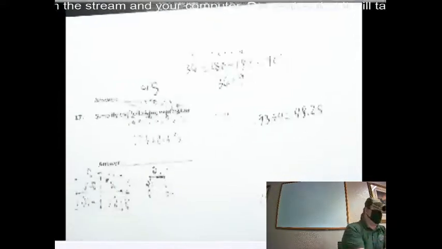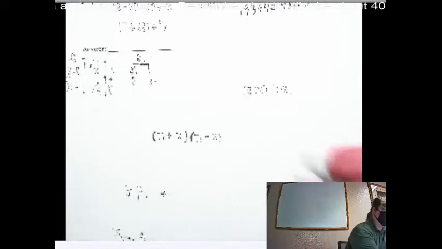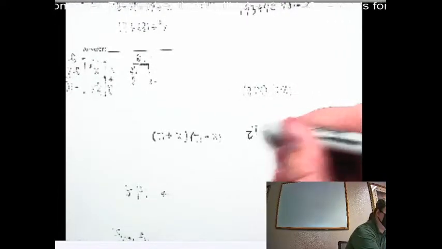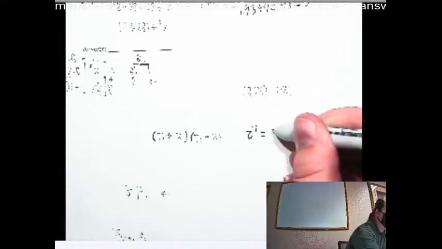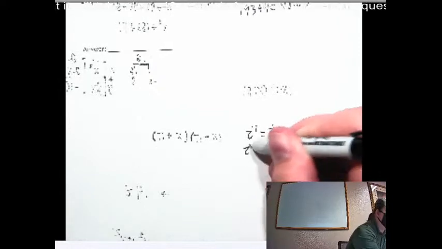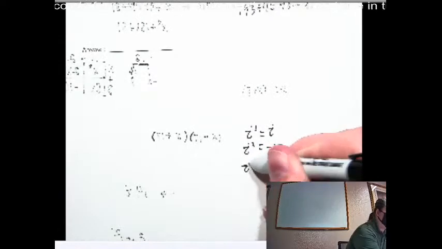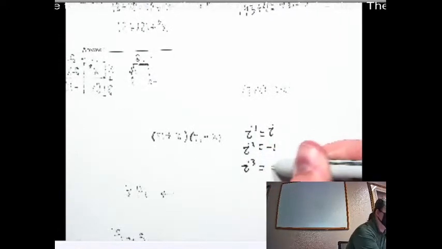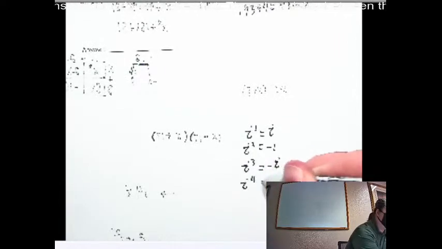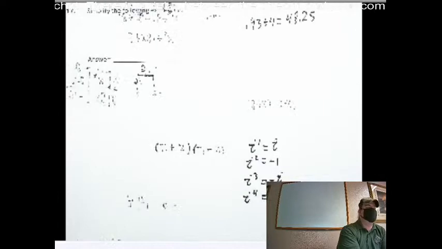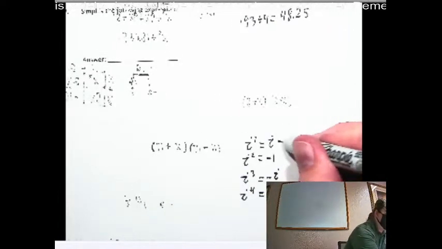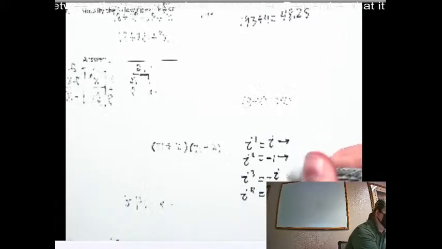Now, if we refer back to a chart that I made for us one time, we said that i to the first is just i, i to the second is -1, i to the third is -i, i to the fourth is 1. And then I also said that these point to certain decimals.